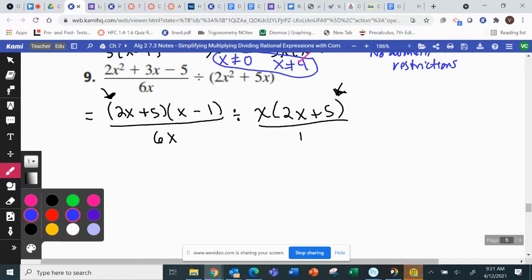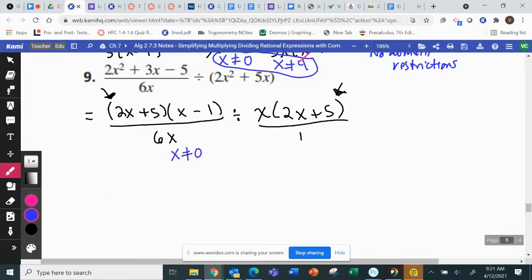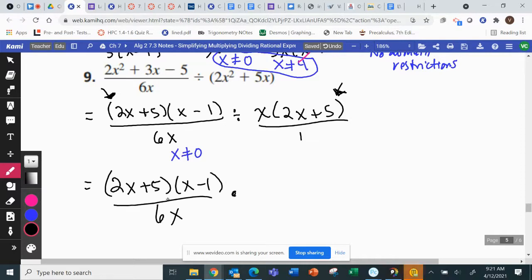Not yet. Can't change the multiplication yet. Domain restrictions, yes. So we're going to do x does not equal 0. Now we'll change it to multiplication. The first one stays the same. Multiply. Second one is the one that flips.